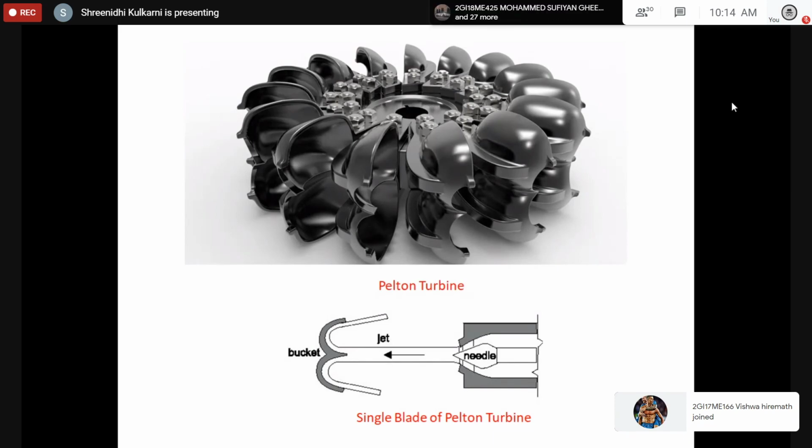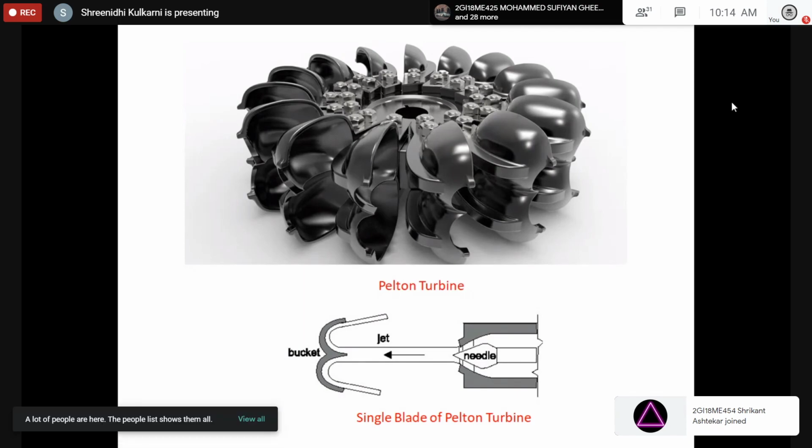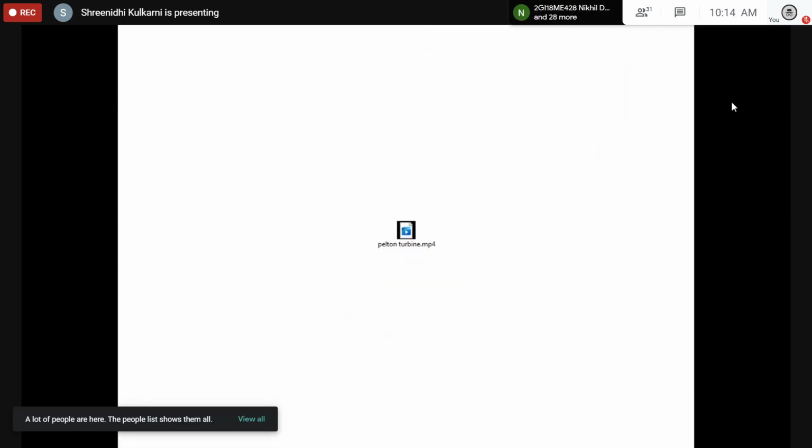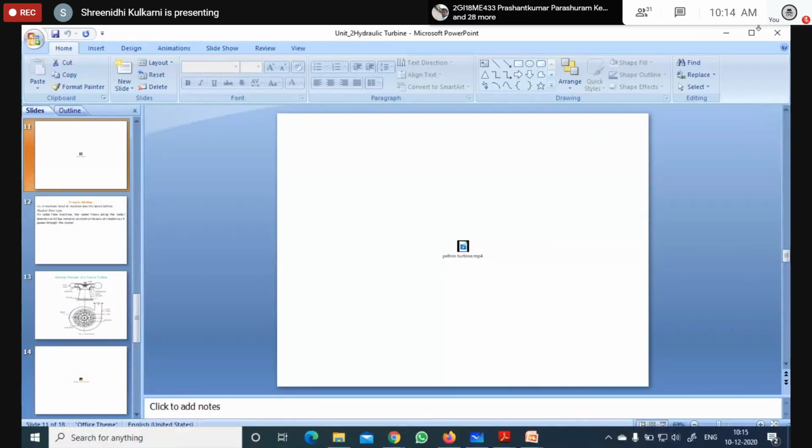Next we're going to see the derivation, that is the maximum efficiency.